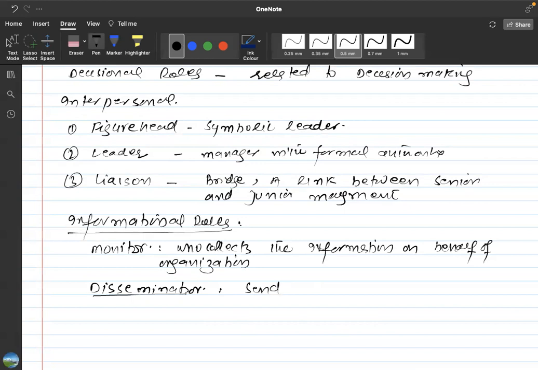For example, he has collected the information that consumers are leaving the product because they have quality issues. Now, this quality issues problem should be communicated to the quality department or the production department. This job will be called disseminator. Sends this information to the relevant people, to the relevant departments.